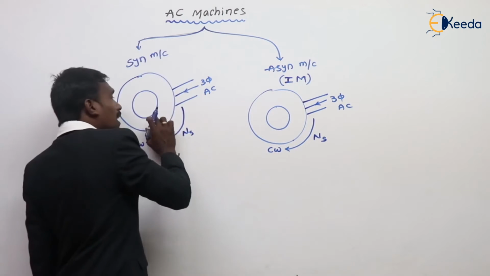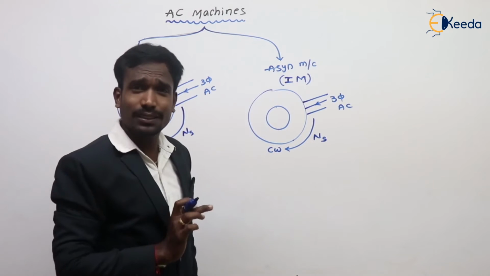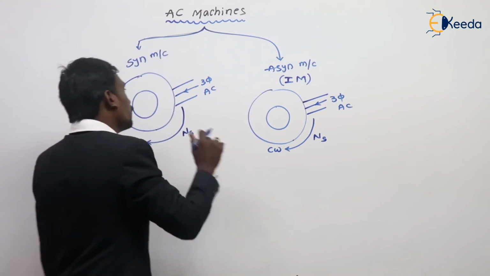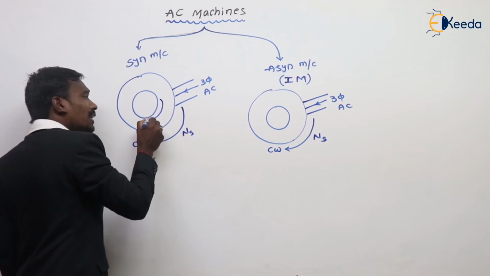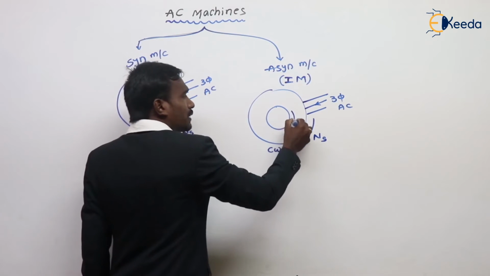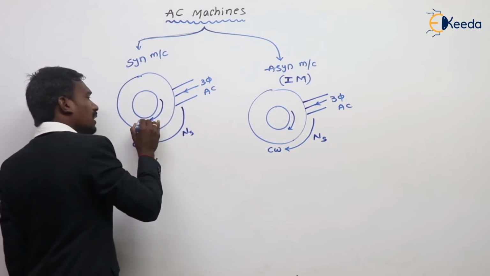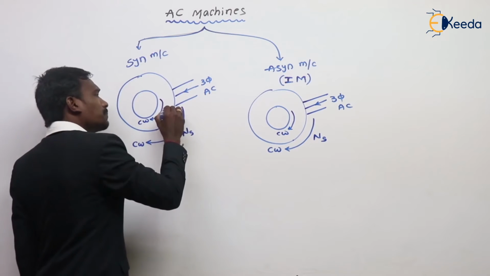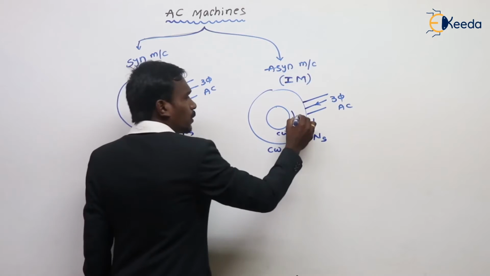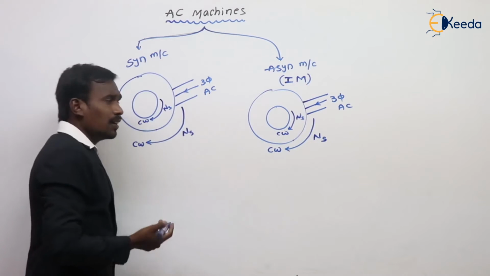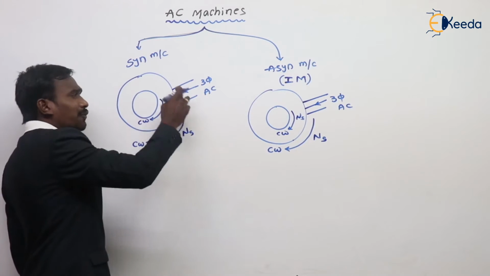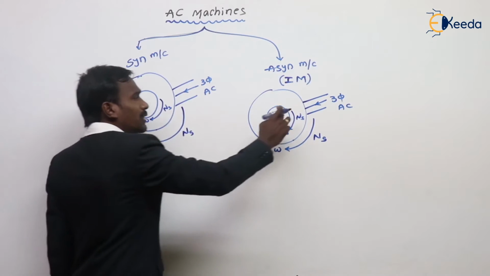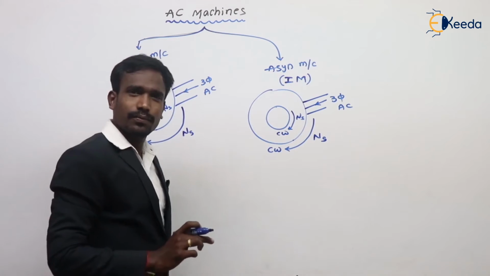In this rotor, the flux produced also rotates in clockwise direction with the same speed, which is called synchronous speed. This is the stator magnetic field and this is the rotor magnetic field.